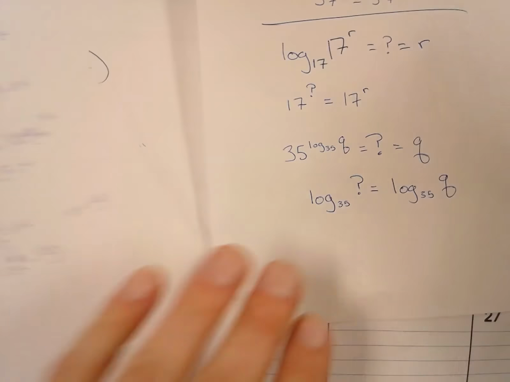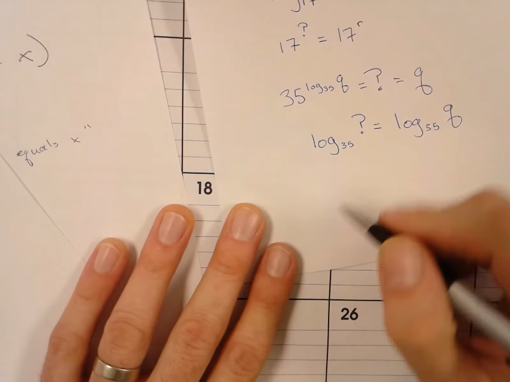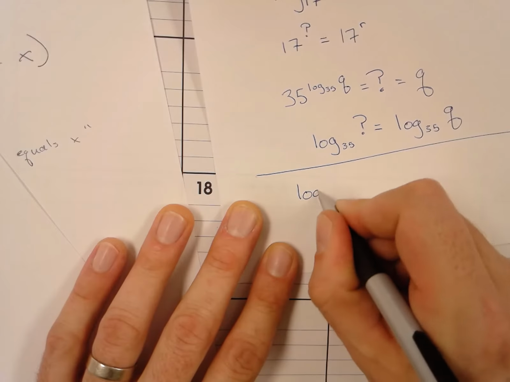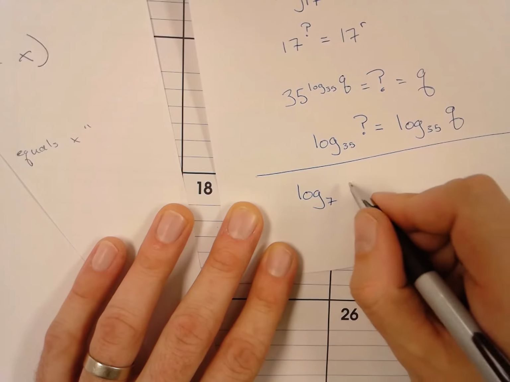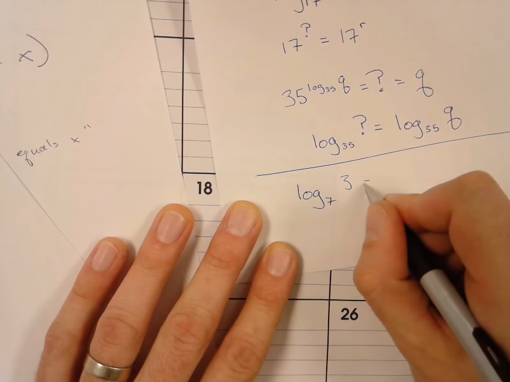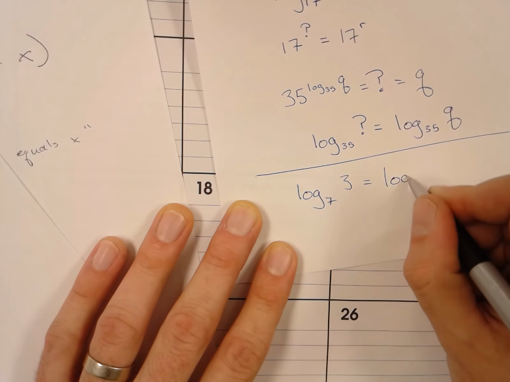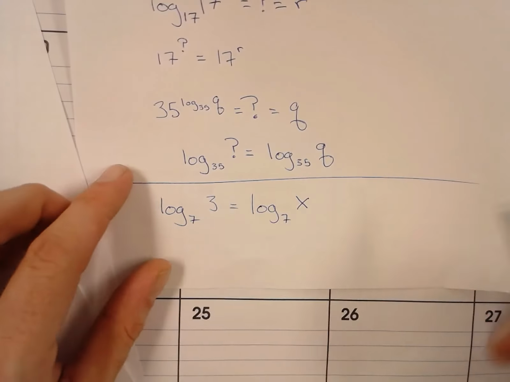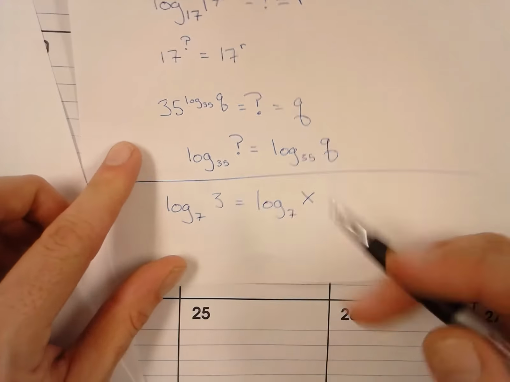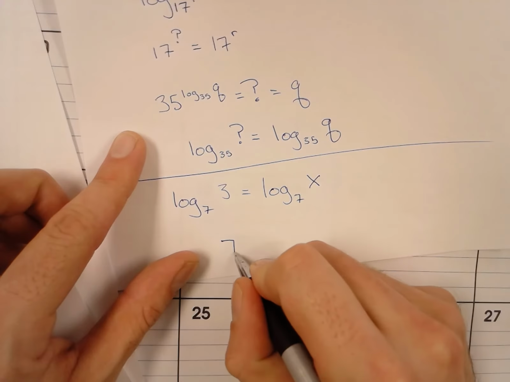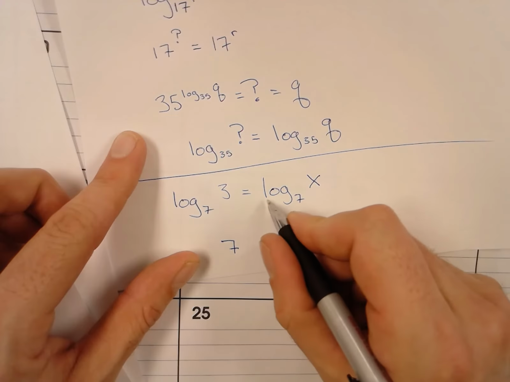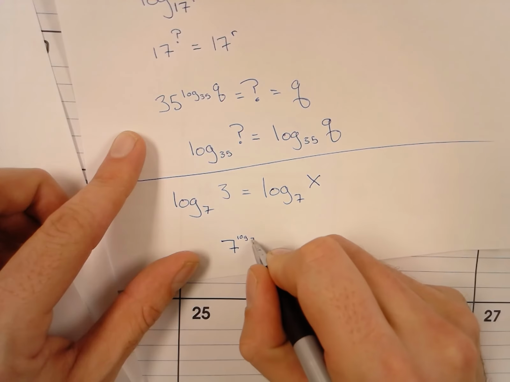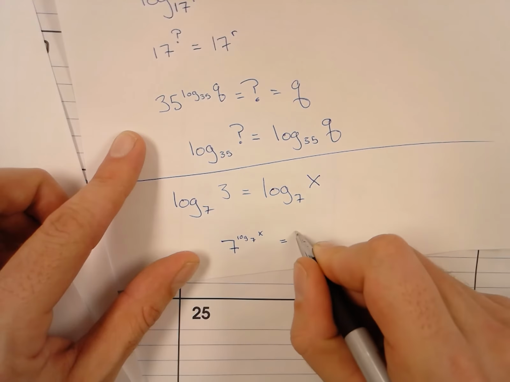So as a quick numerical example, just make something up here: log base 7 of 3 equals log base 7 of x. Applying the logarithm definition, 7 is the base, the exponent power is log base 7 of x, the answer is 3.